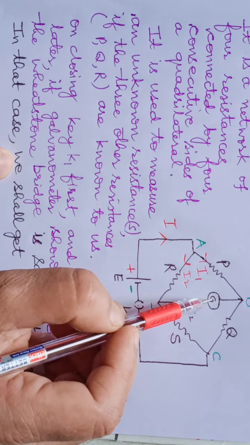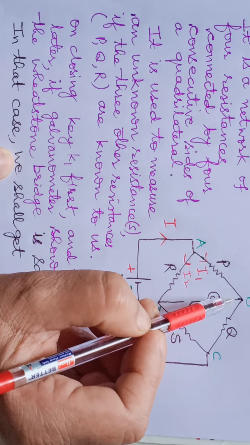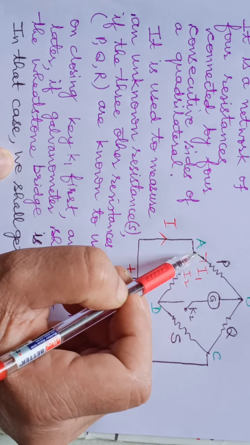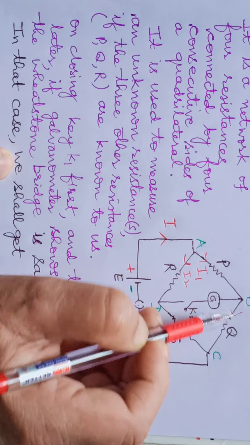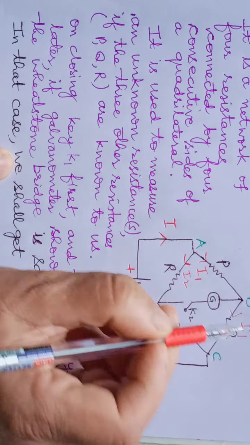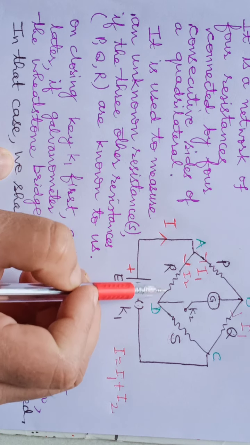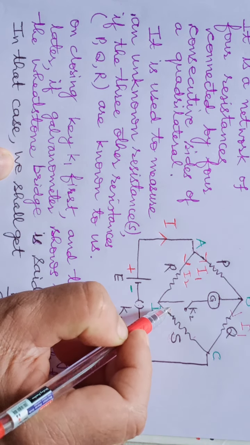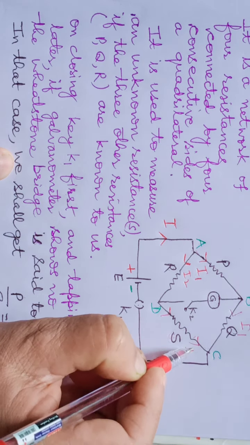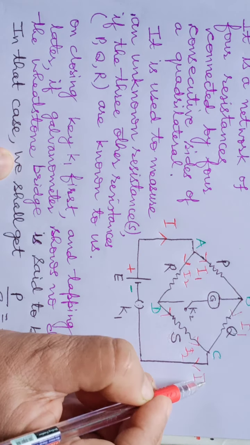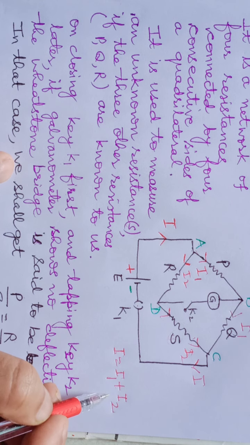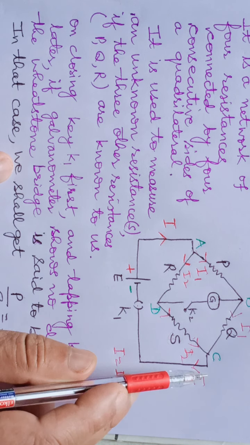And if the condition is that no current flows through the galvanometer, this current I1 will pass from the AB branch to the BC branch, and the current through the AD branch will pass to the DC branch, I2, and again at C, I1 plus I2 will become I, applying the junction rule at C also.